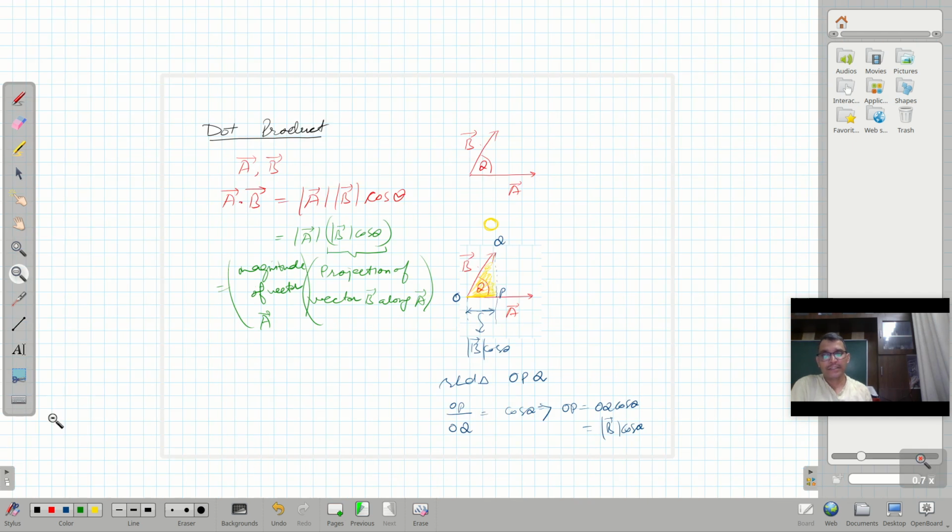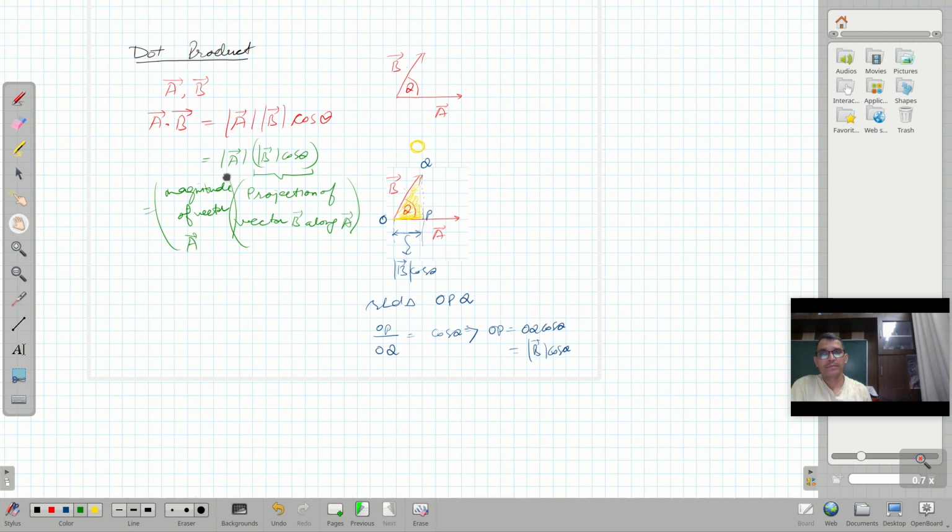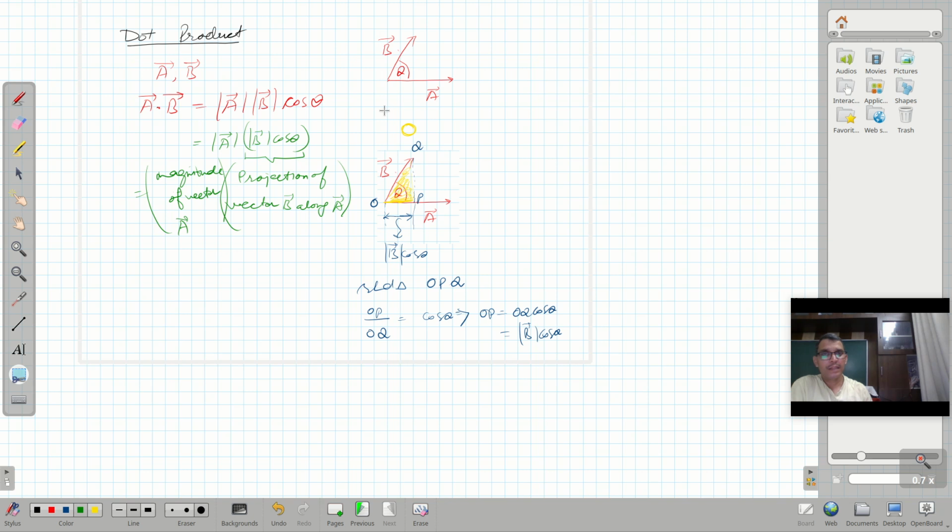We can also look at this in a different manner. Let me again take it from here, and if I draw a perpendicular from this, in the right angled triangle OSR, the adjacent side is OS over hypotenuse OR, and it is nothing but equal to cos of theta.